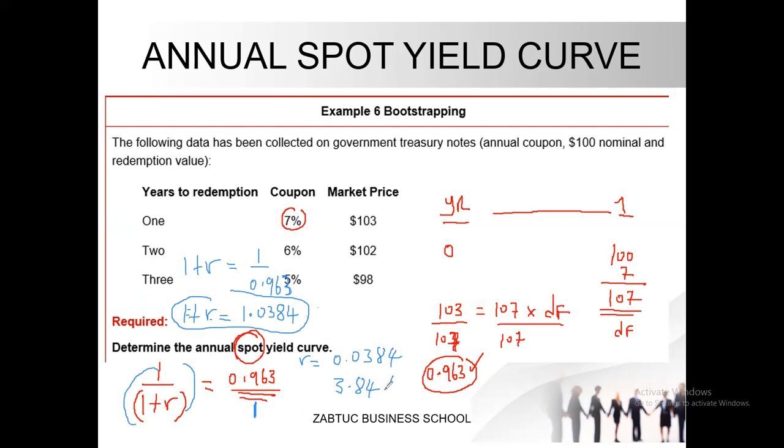Do not panic. We're going to talk about this a number of times so that we understand it. So the discount rate implied by the first bond is 3.84. So 3.84 is a discount rate which gives us 0.963. So you have got the first item there, your first discount rate, 3.84.